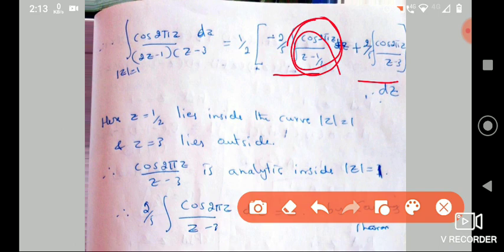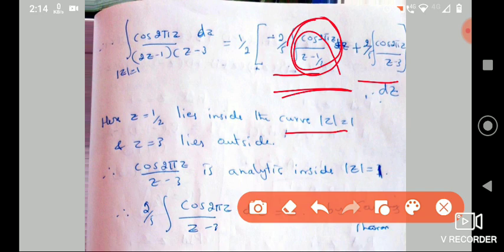So at point z is equal to half, this whole thing is not analytic, this becomes infinite, and the point z is equal to half lies inside the curve modulus of z is equal to 1. We just checked now, right? So we cannot use Cauchy's theorem because for this term f of z is not analytic. This cannot be 0.